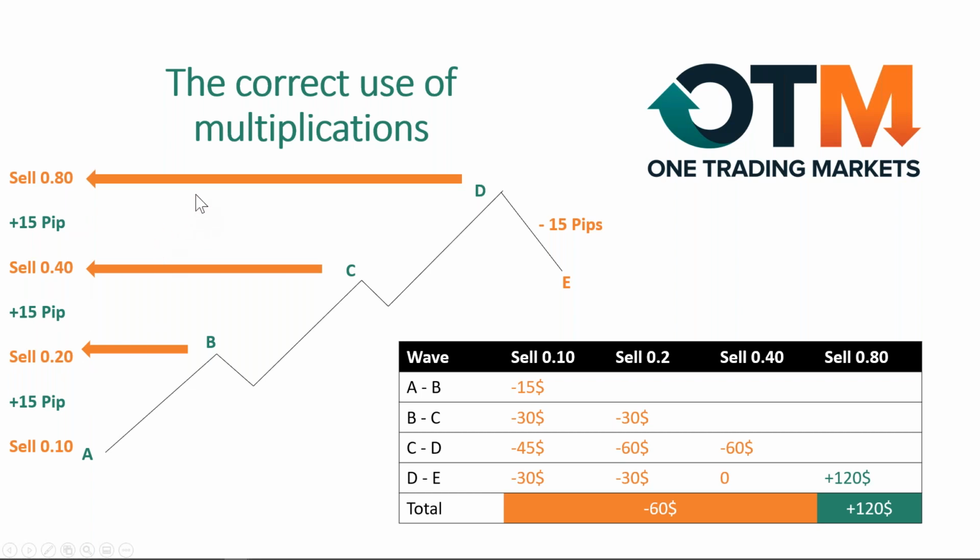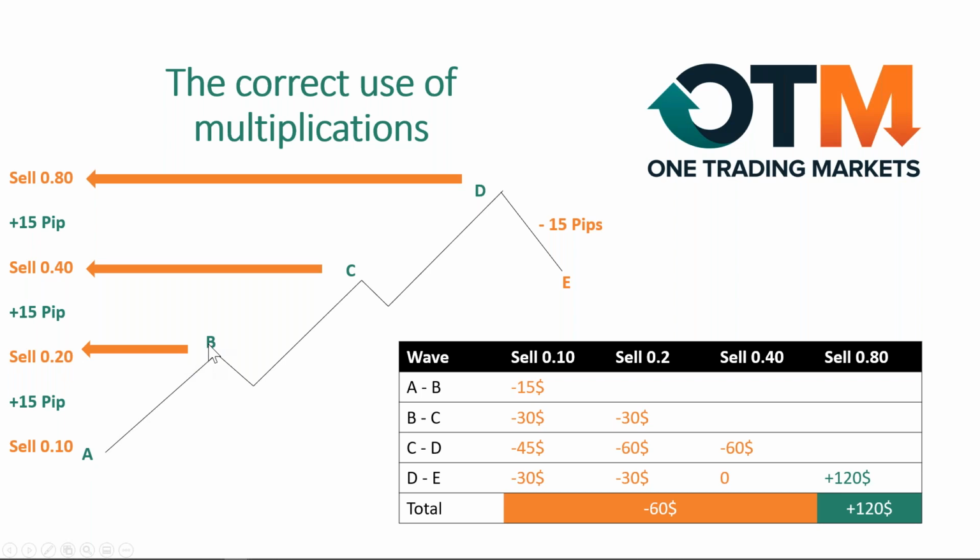And every time I do another position, I move my take profit 15 pips nearer to the direction. So when I was at A, the take profit was 15 pips down from point A. When I reached B and I made 0.2, I put my take profit at point A for both of the positions.